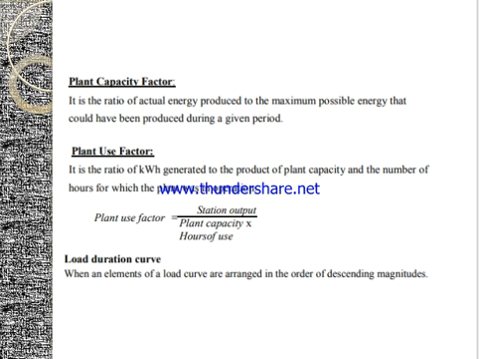And next is the plant use factor. It is the ratio of the electrical energy generated to the product of the plant capacity and the number of hours for which the plant was in operation. So what the plant use factor emphasizes is the output of the plant relative to the product of the plant capacity and the hours of usage. For example, for 1 hour of operation, the plant capacity is so and so.